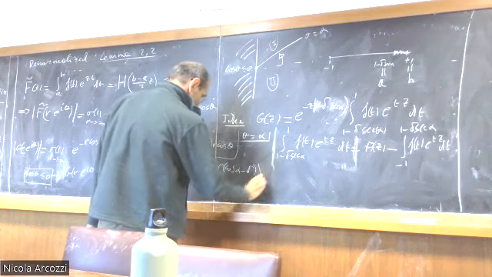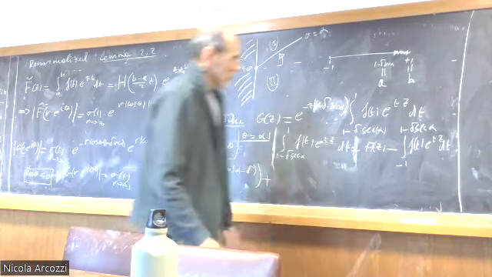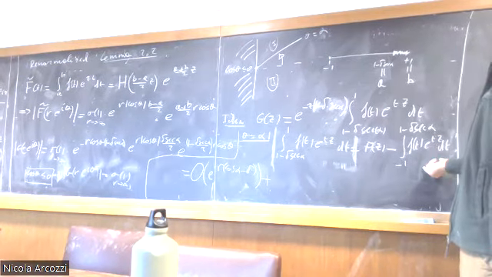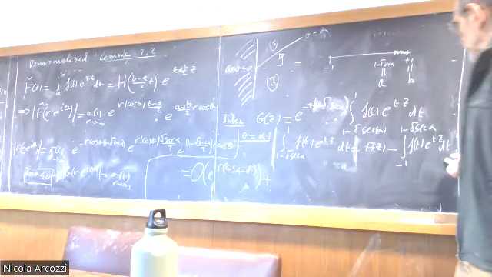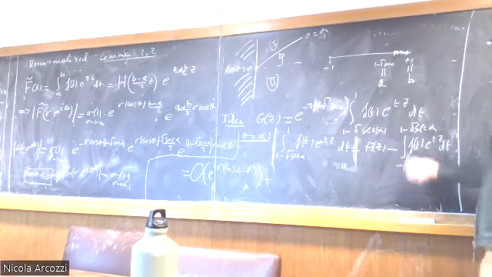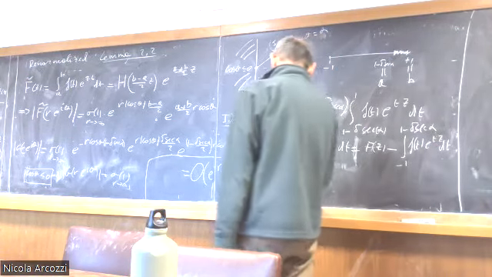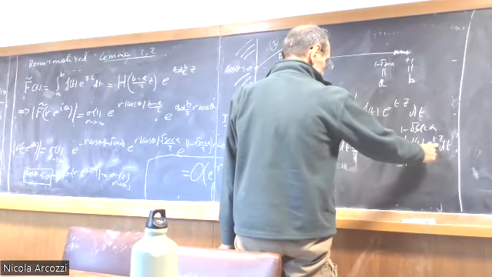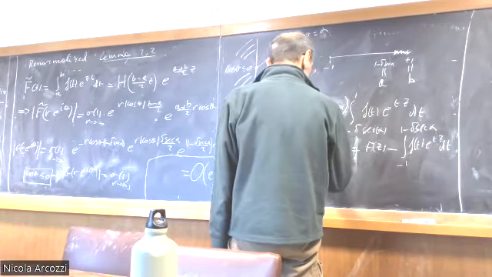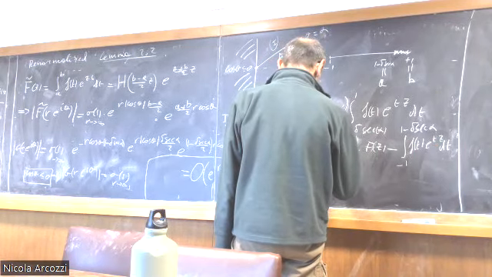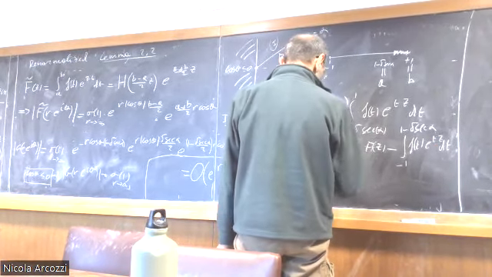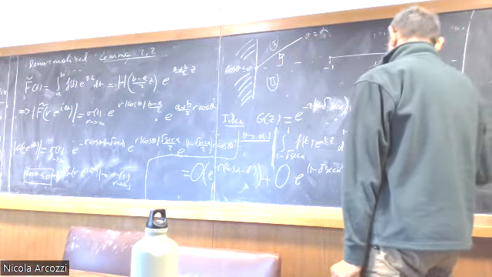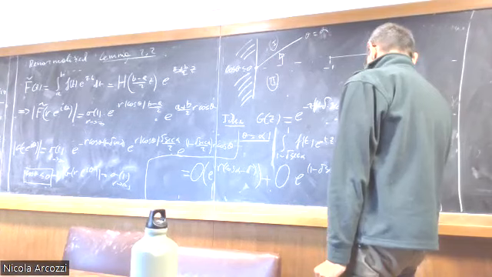And the second term, I take the maximum value of the modulus of this one. What is left is the L1 norm of f. So it is a big O of e to the 1 minus delta secant of alpha times r cosine of alpha.